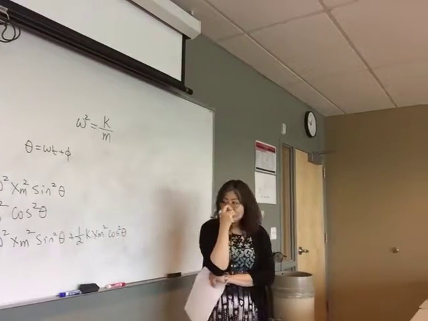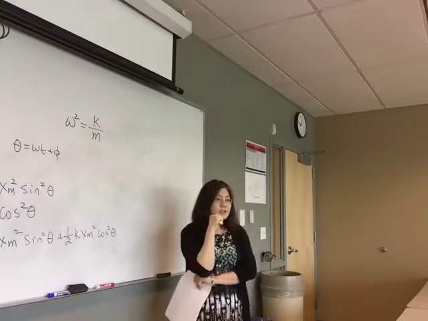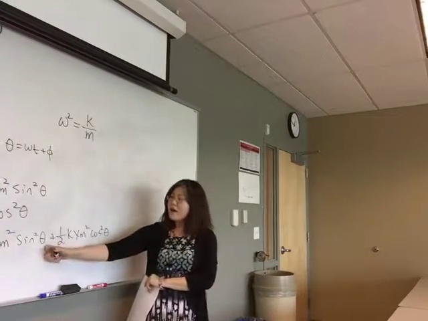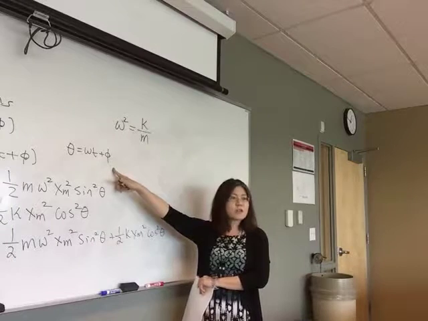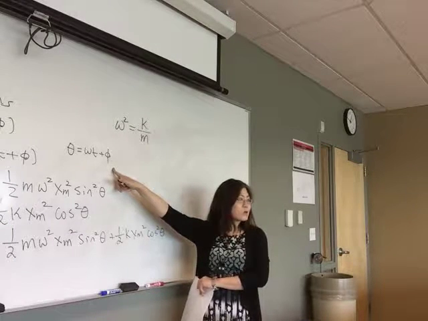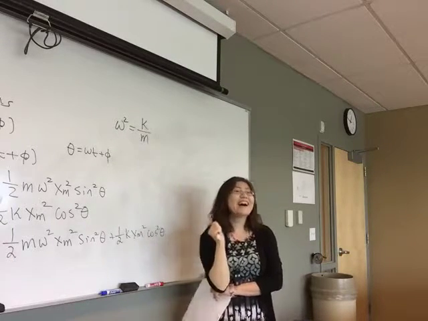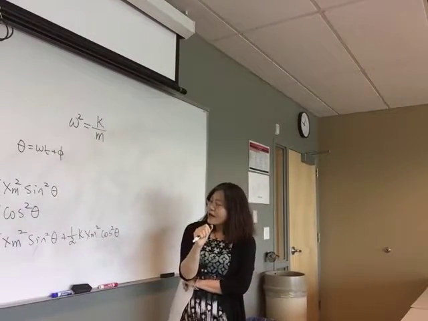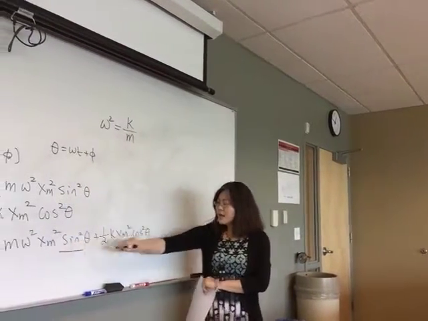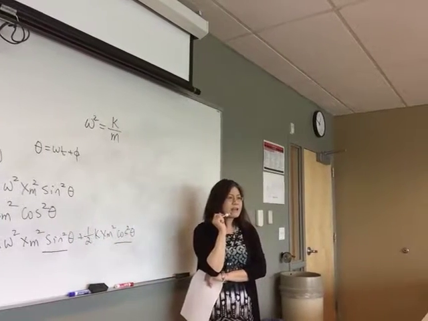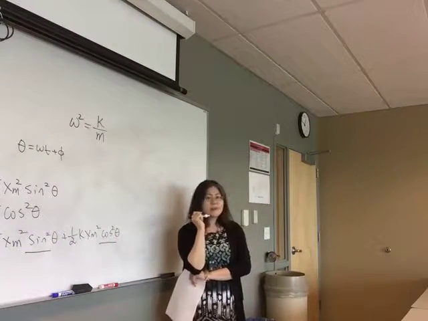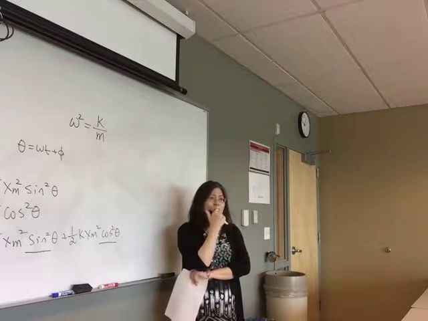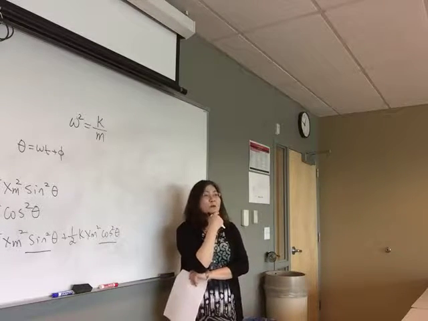Didn't I say it should be a constant? But it looks very complicated. And you have that theta, and theta is a function of time. Am I contradicting myself? Can we just add them together in the present form? How do I rearrange it?